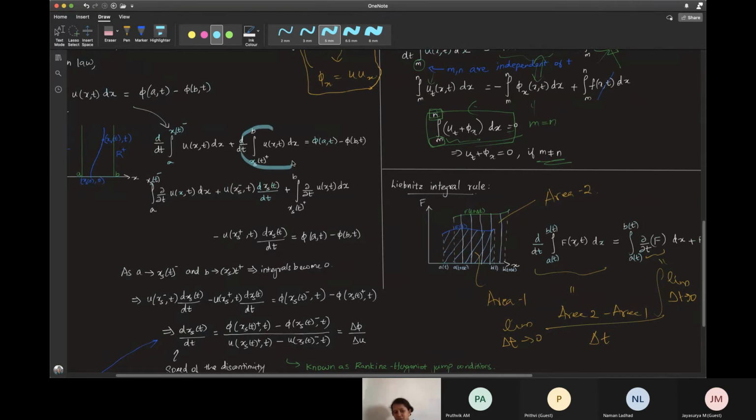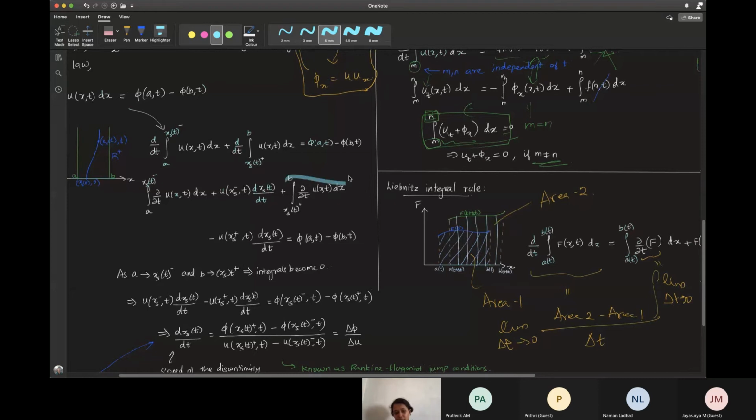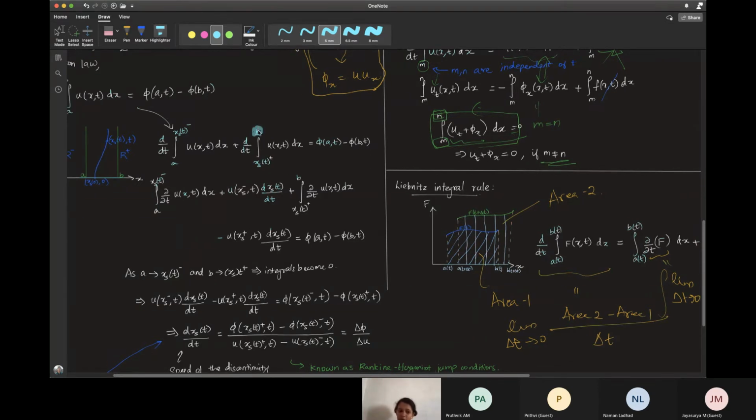Similarly, we use the Leibniz rule for the second term, where we have these 2 terms. Here as well we get a minus sign, because for the derivative of b we'll have a positive sign, and for the derivative of x_s plus we'll have a negative sign. The flux over here at point b is going in towards the region, and the flux over x_s plus is going out of the region.